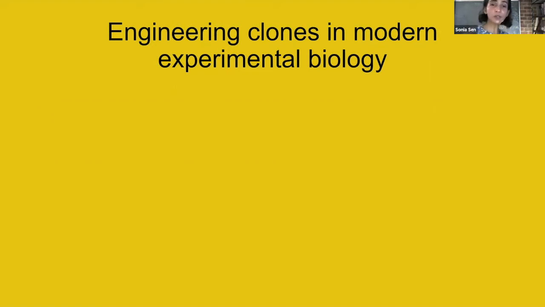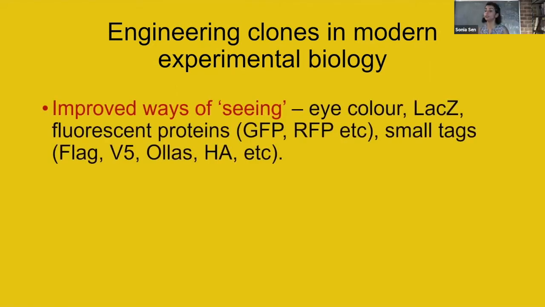So what is it that you need to do to be able to get these more efficient ways of getting clones? The first is something we've already referred to. You want improved ways of seeing these clones. So that entire field has evolved. People used cuticle color and bristle shape, but you don't have cuticle color and bristle shape in the brain to be able to see neurons. So that won't work.